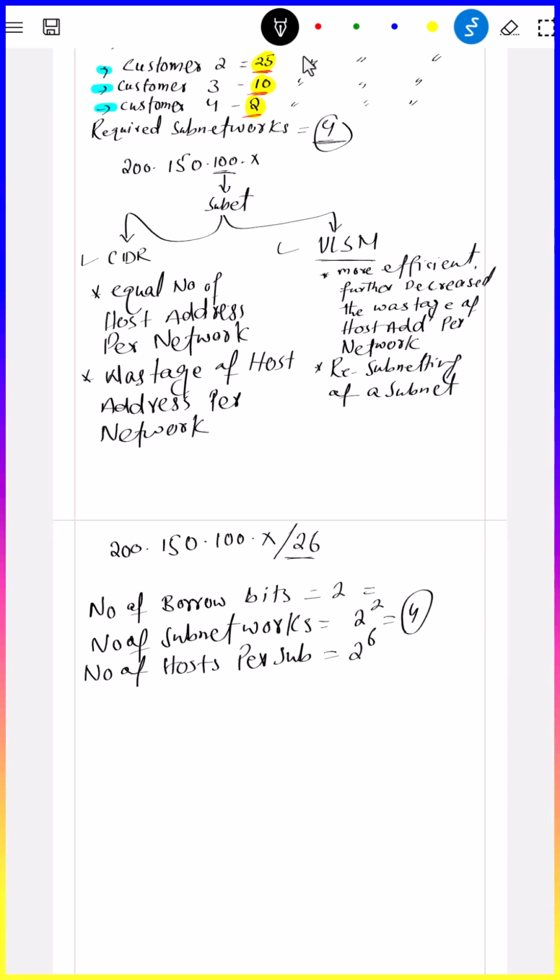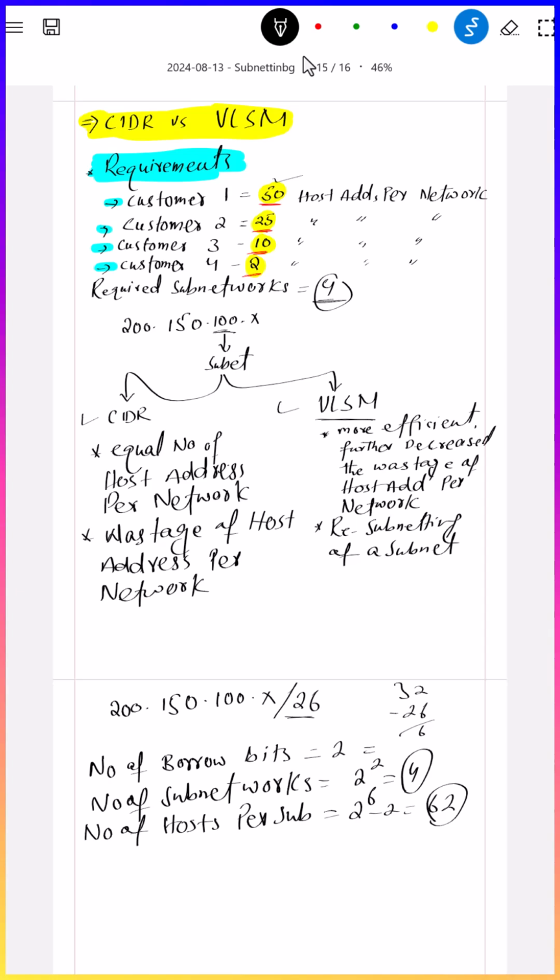How many host bits are remaining when the CIDR is slash 26? Total 32 minus 26 is equal to 6. So 2 power 6 minus 2 is equal to 62. And now you can see 62 is greater than 50. It means this CIDR slash 26 can give us host addresses for customers 1, 2, 3, and 4.